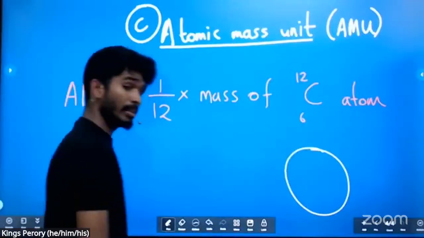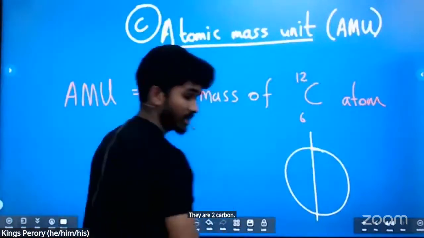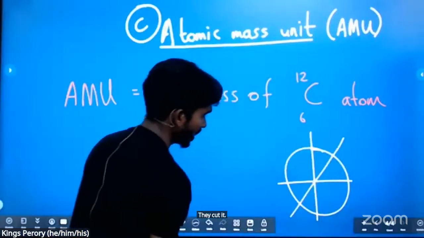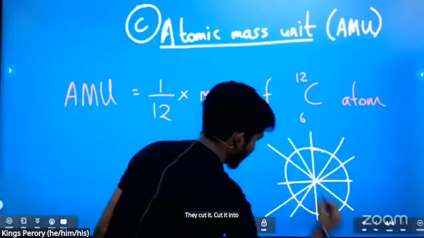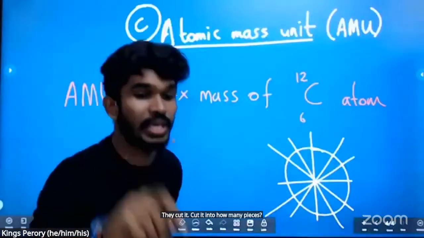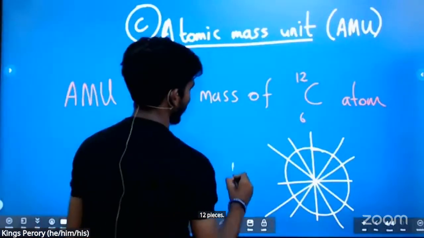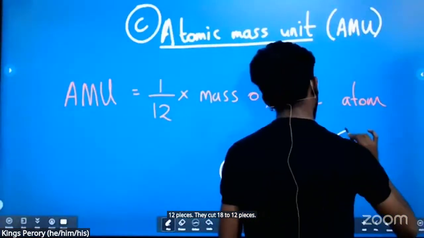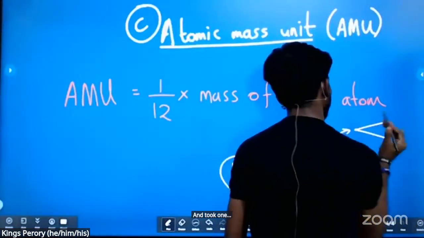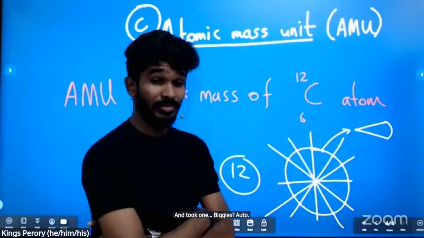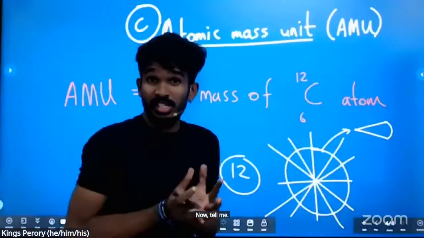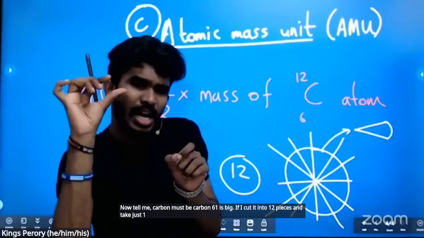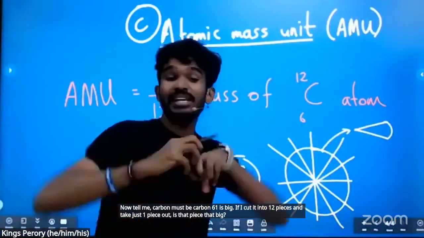They took carbon and cut it. Cut it into how many pieces? 12 pieces. They cut it into 12 pieces and took one piece out. Now tell me, carbon-12 is big. If I cut it into 12 pieces and take just one piece out, is that mass that big?